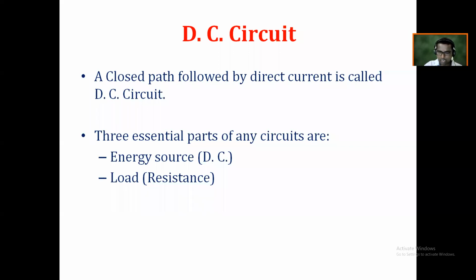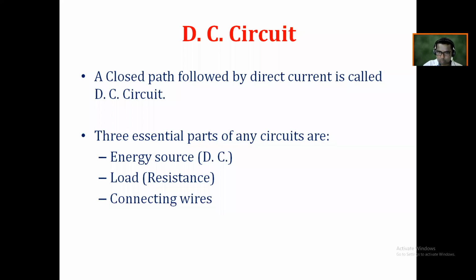Get it, my point? And the third essential thing is the connecting wires. If I consider the conductor, and I want to connect the energy source between these two ends of the conductor, definitely the connecting wires are required.